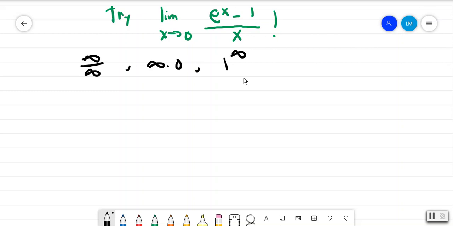Okay, so that doesn't really help us, for instance. And then you also have 0 to the 0 and whatnot, but these are the most common ones to look at. So yeah, we do have the 0 over 0, and I guess we'll put 0 to the 0.